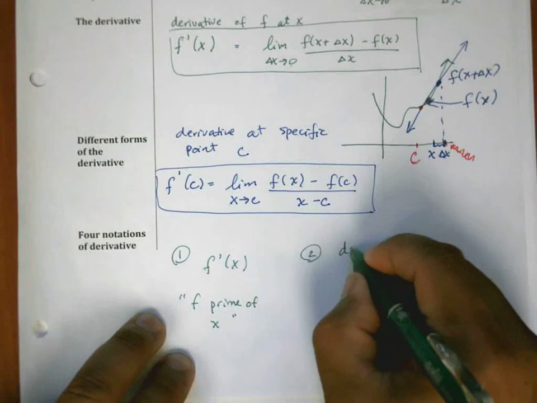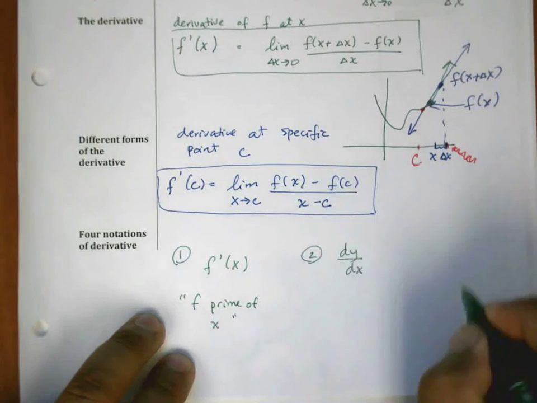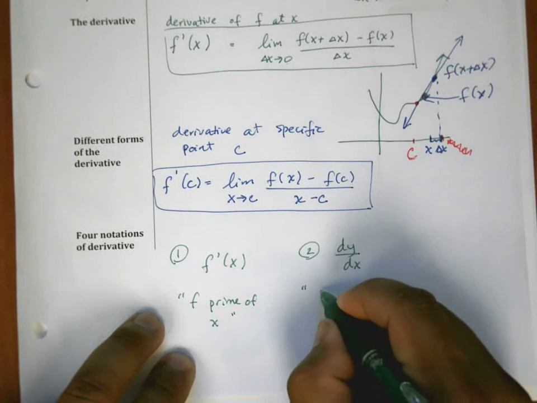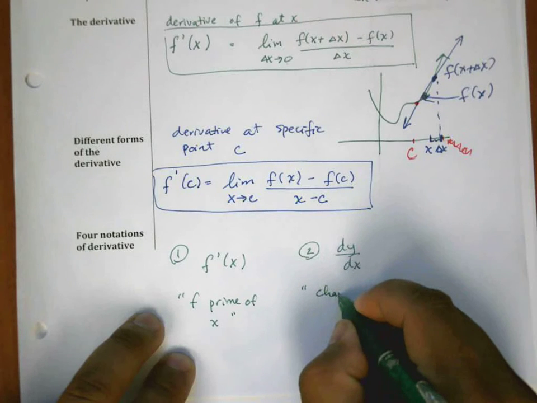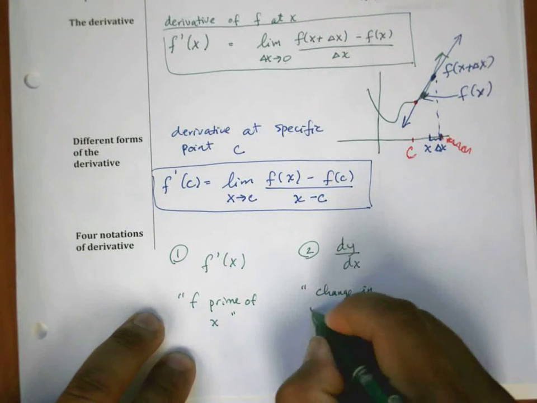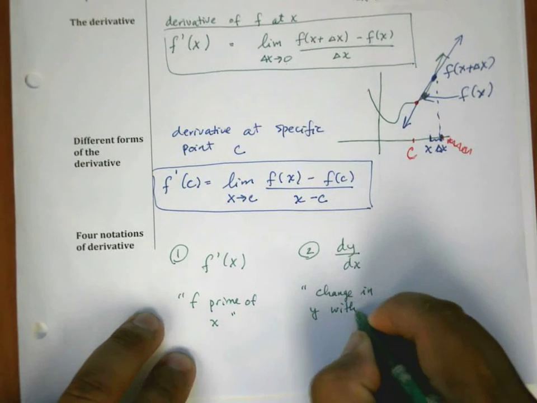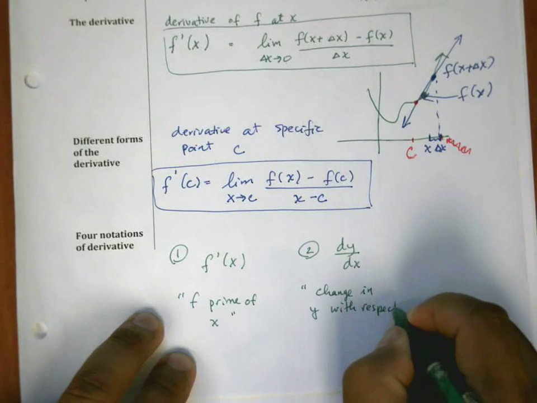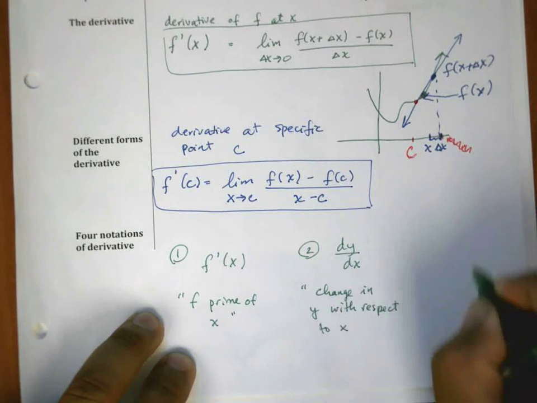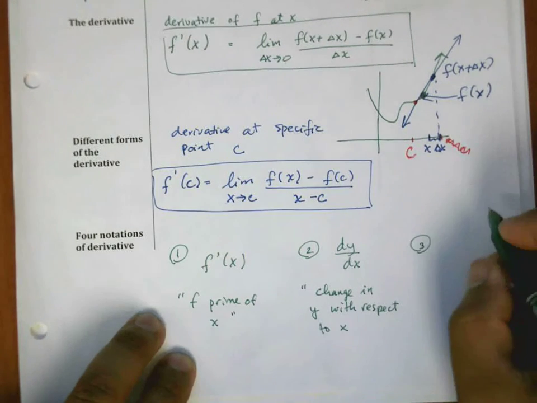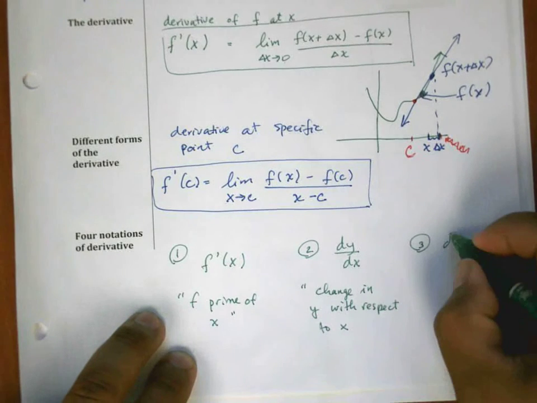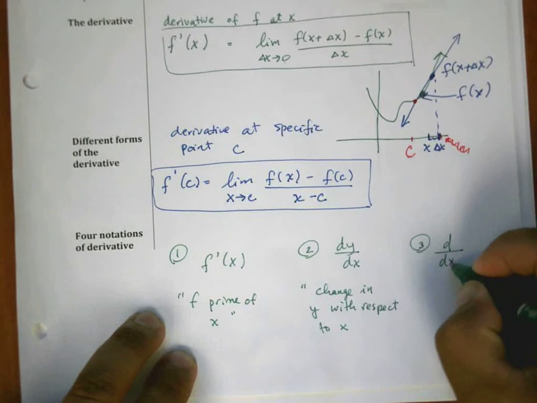So this is basically saying change in y with respect to x. Here's another way to say it. We can sometimes say d over dx of some function. Okay.